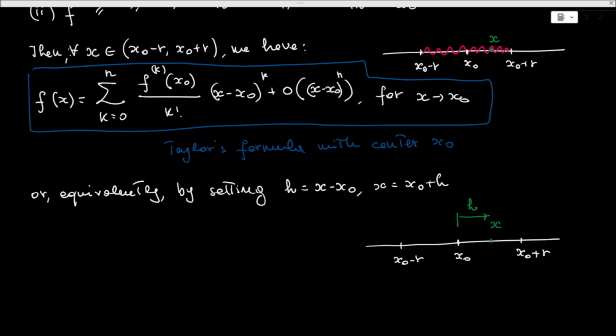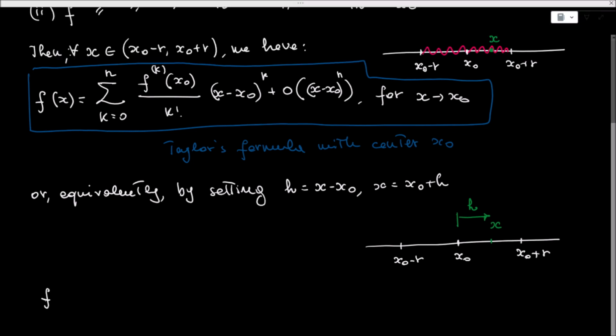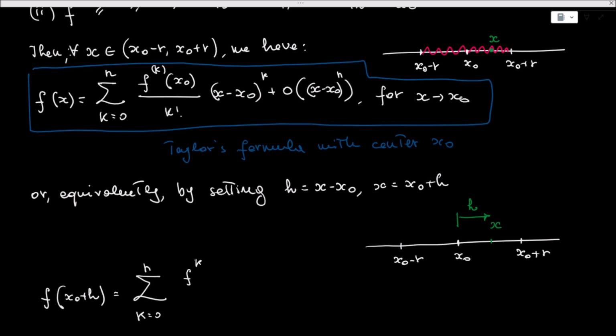Now if we use this h, we can write that f of x becomes f of x0 plus h, which is now equal to the sum for k going from 0 to n of the kth derivative evaluated now at x0 divided by k factorial.